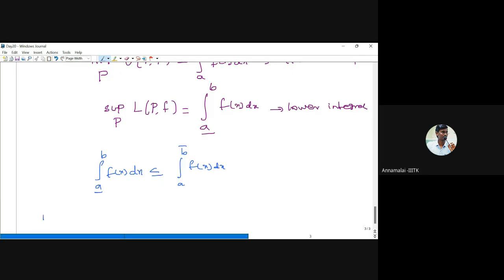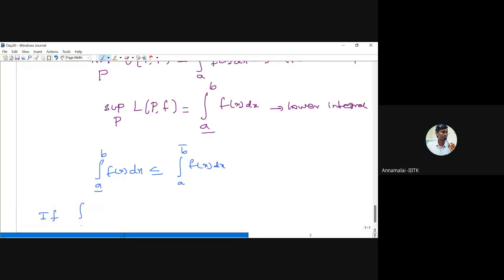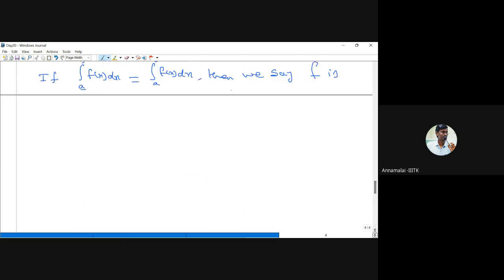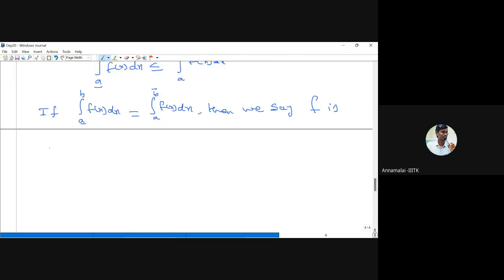That is, if both are equal, that is, the lower integral of a function equals the upper integral of the function, then we say f is Riemann integrable, or simply an integrable function.